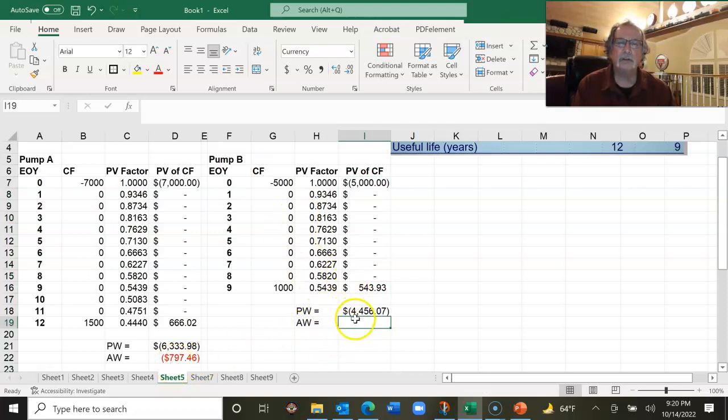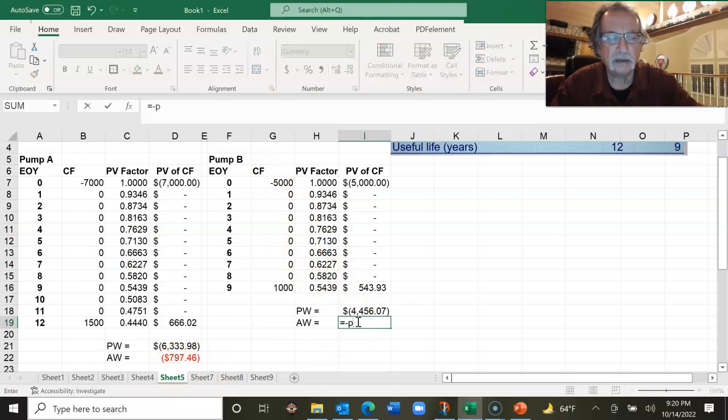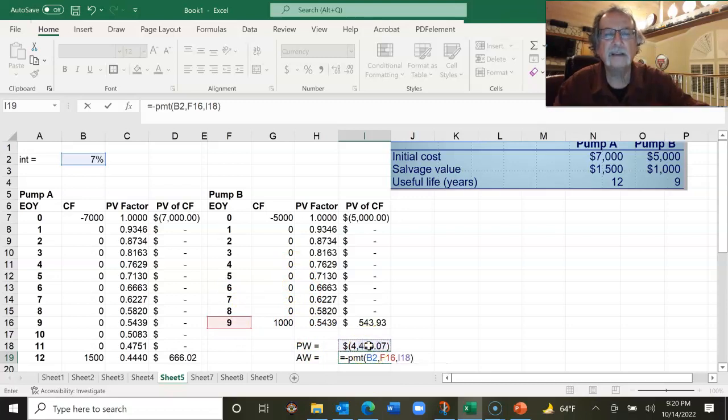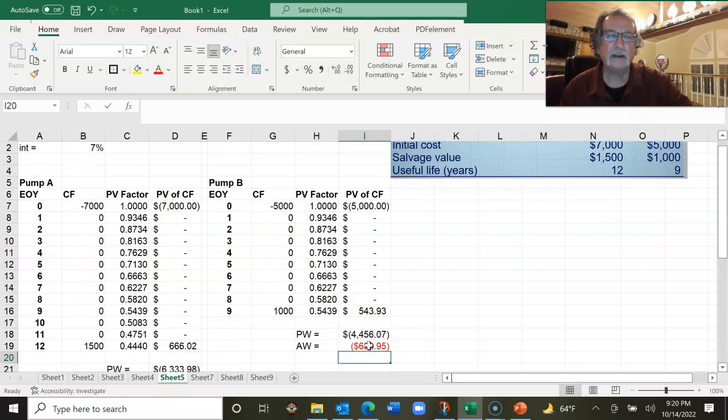So the annual worth of pump B, it's the payment, and the interest rate is 7%. The number of periods is 9, and the present value, it's a present cost of $4,456. This annualizes it over 9 years.